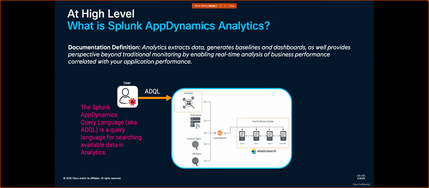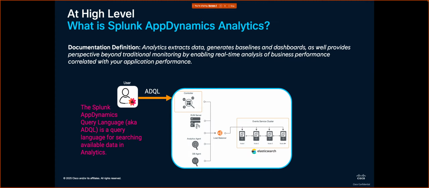Now, I also want to point out that the user is actually interfacing with the controller using the ADQL language. So it's kind of like, if you use SQL for databases or other querying tools, then this is going to be pretty straightforward for you.